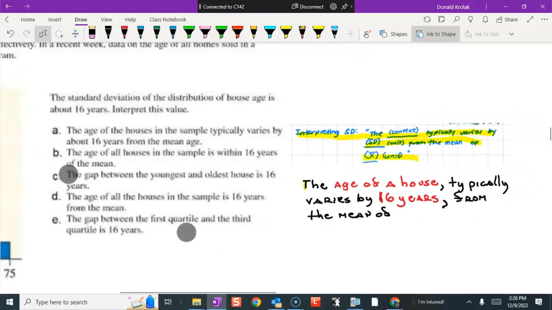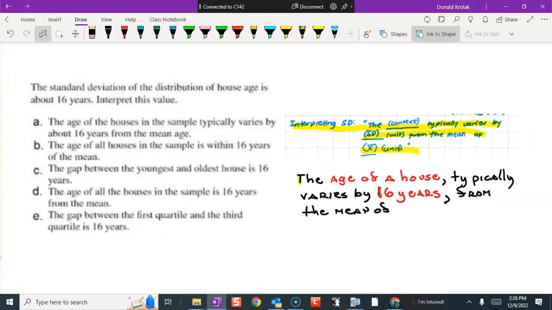So we would be looking for the age of the house typically varies by about 16 years from the mean age. So our answer is 1, or A.